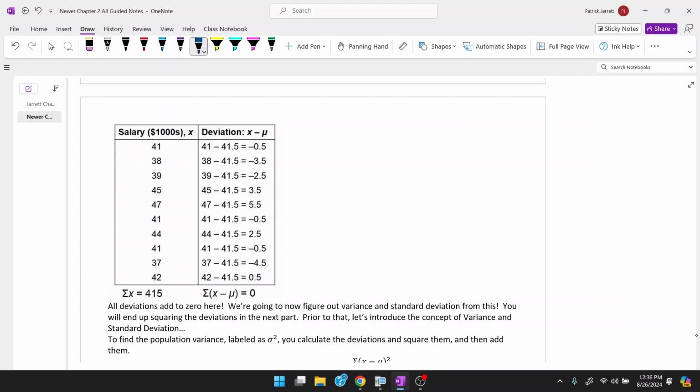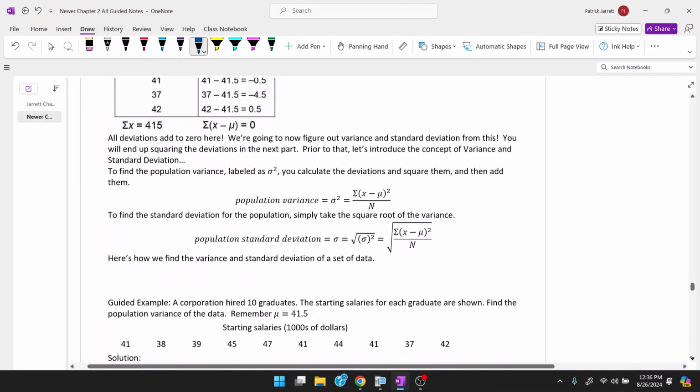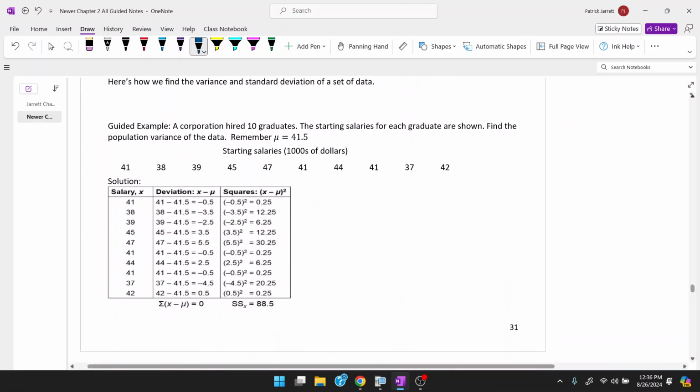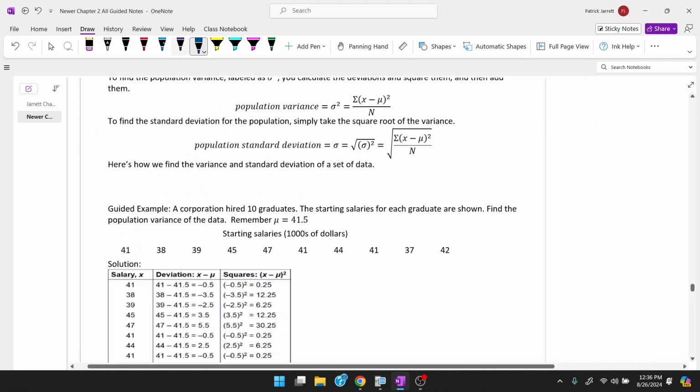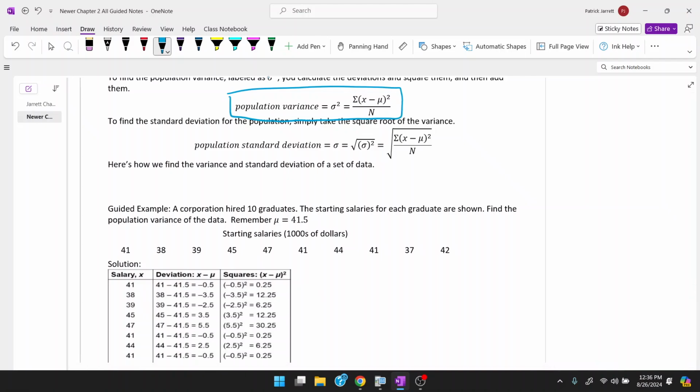Now, what happens is we're going to end up squaring all of those deviations. Now, you're probably thinking, oh my God, we've got to square all those deviations and do it by hand? No. We're going to use the calculator to do that. Now, here's what happens. We're going to get the population variance, and this is why you don't just write down formulas blindly.